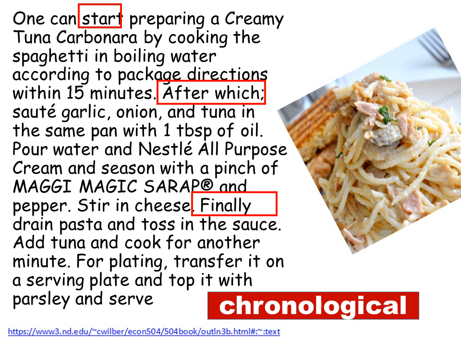Always remember that in writing patterns, there are transitional devices that we could use as clues, or that we could use in order for us to show the direction of our thoughts. So in here, in chronological, we have the words after which and finally. There you have it. I think we are ready to proceed to our next pair of writing patterns.